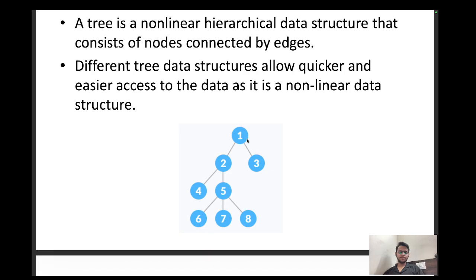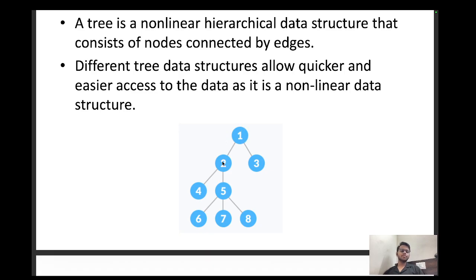And parent 1 is also the root node of this whole tree. If we come towards 2, we see that 4 and 5 are the children of 2, but 2 is not the root node here. 2 is again a parent node, but not a root node. The root node will always be the uppermost node for every tree. Each tree will have one root node, which is the uppermost; here we have 1 as the root node.